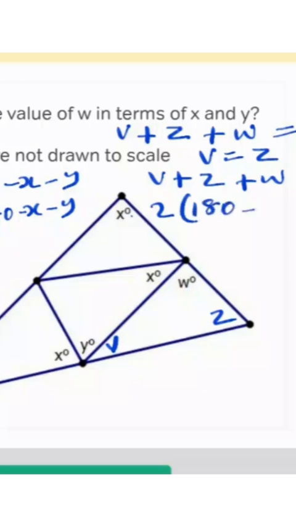Because V equals Z, two of them together will be 2 times (180 minus S minus Y). Then plus W equals 180.